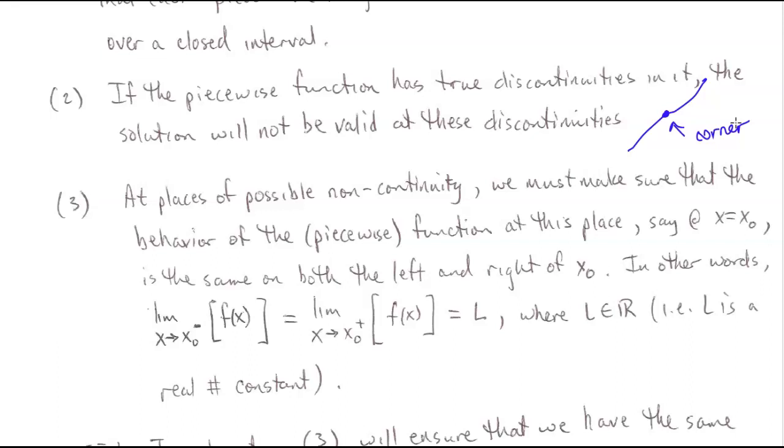So what we would have to do in those instances is take the antiderivative of this piece, take the antiderivative of that piece, and then make sure that the limit of both the left and right functions here are going toward the same y value. And so that would keep the solution continuous over the entire interval of x values that we're considering as well.